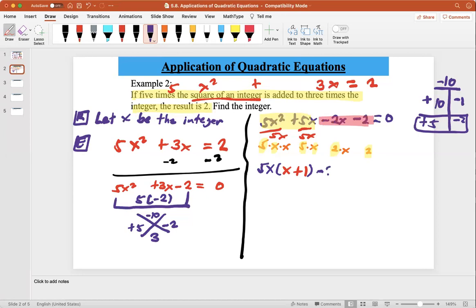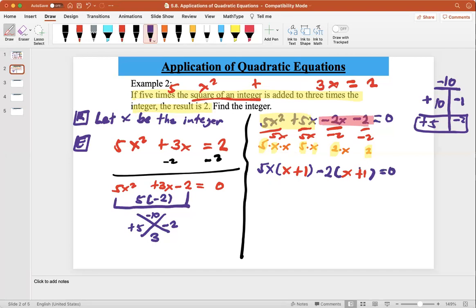So negative 2. And we use that as a divisor so we can get the other factor. Let's divide the second group by negative 2. Negative 2x divided by negative 2, you have x. And negative 2 divided by negative 2, you have positive 1. It's so important that this must be the same. Are they the same? Yes. So x plus 1, the same.